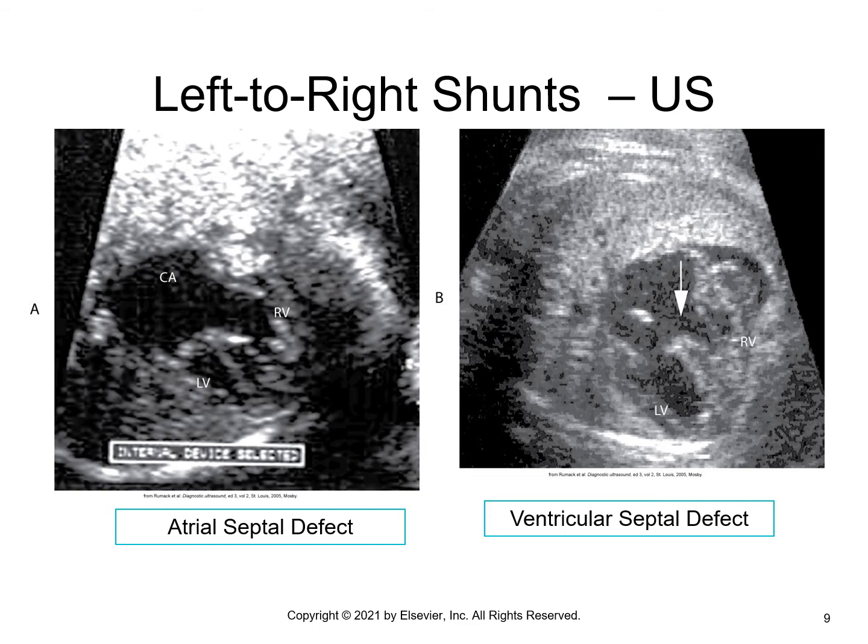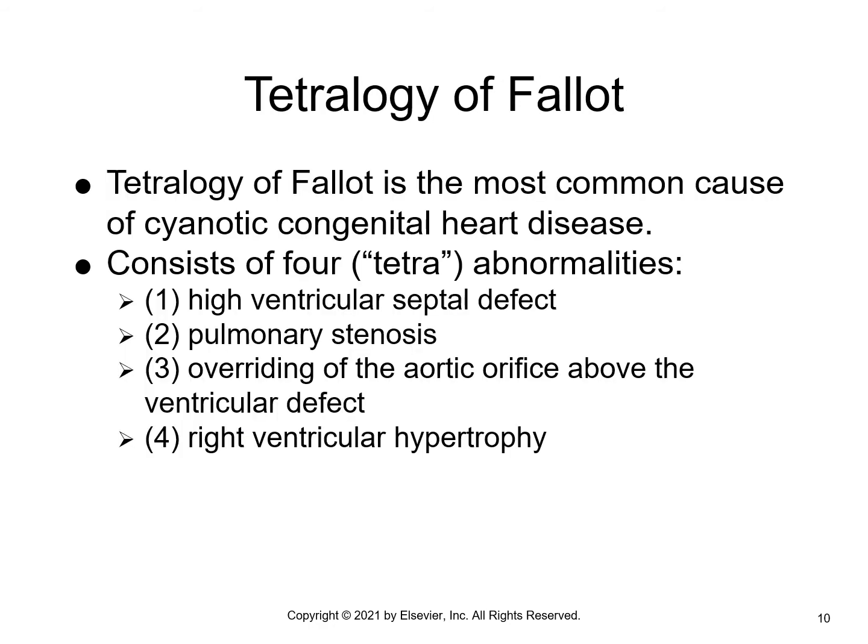And when that happens, the aorta sits just above this defect, and then it takes in non-oxygenated and oxygenated blood and takes it out to the fetus. So both of these are fetal heart images of atrial and ventricular septal defects.